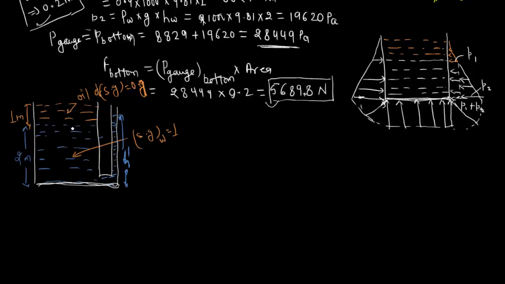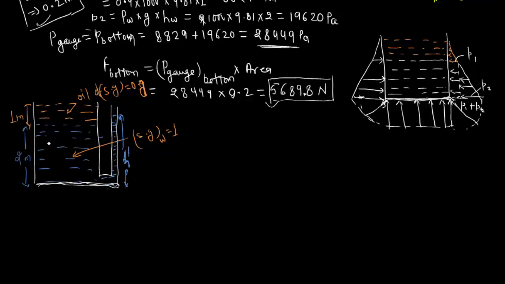So the pressure intensity in this container and the pressure intensity in this tube will be the same, but in the container there is oil and water, but in the tube there is only water. So we know at the same layer the pressure intensity will be the same.